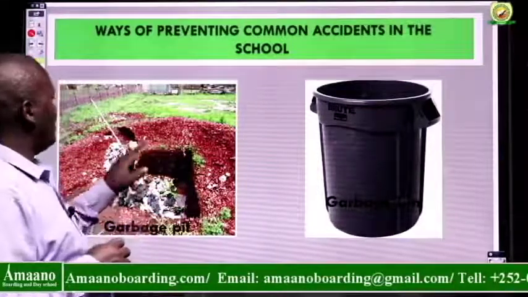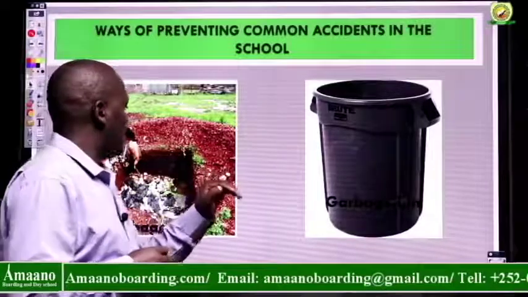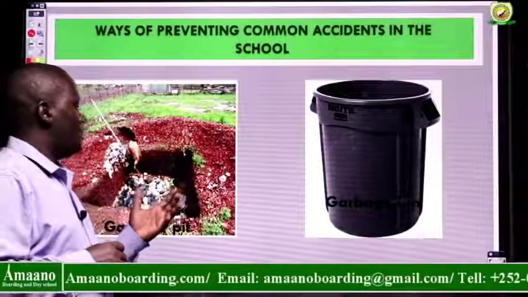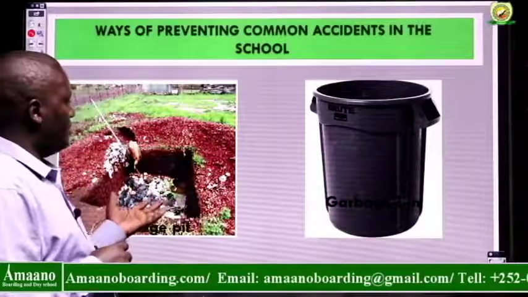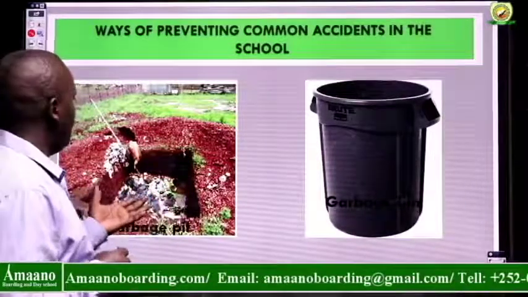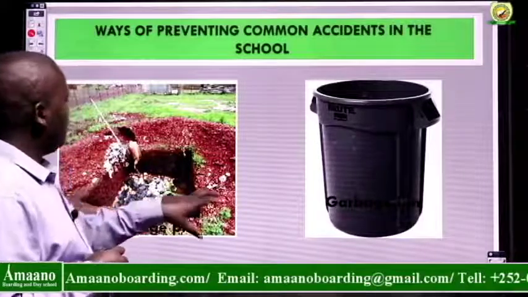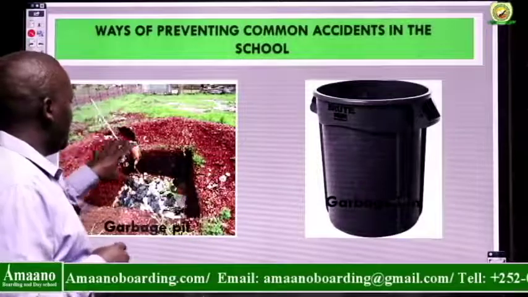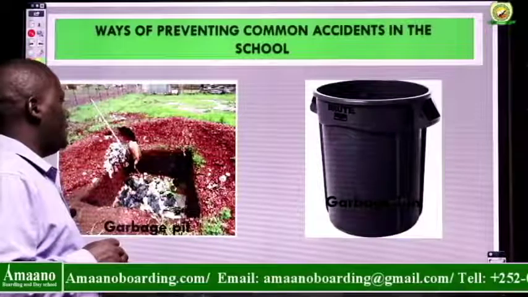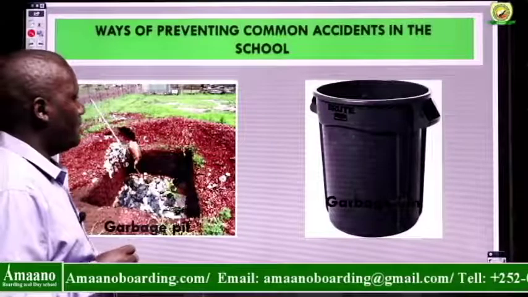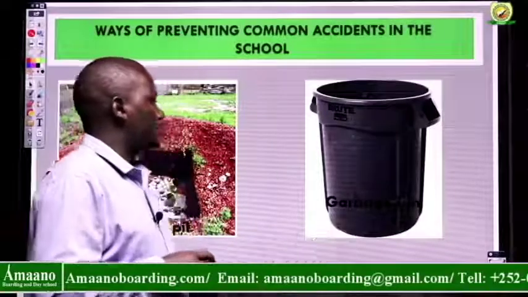Because as we saw from the other picture, we saw another boy who was about to fall because the floor of that place had some garbage. It had some banana peels that made him fall. So if we collect all that garbage and put it in the garbage pits, then we shall prevent the accidents in the school. Another one is the garbage bin.